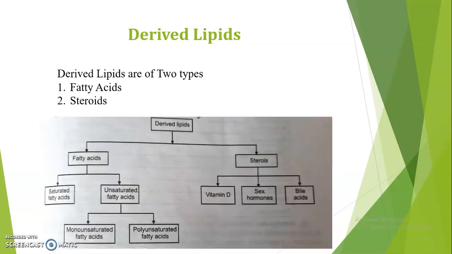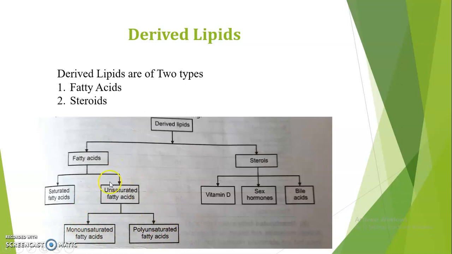So this is the classification or the tree diagram which shows the derived lipids. Derived lipids are classified into fatty acids and the steroids or the sterols. Now we know fatty acids are of two types: the saturated fatty acids and the unsaturated fatty acids. Unsaturated fatty acids are divided into monounsaturated fatty acids and the polyunsaturated fatty acids.